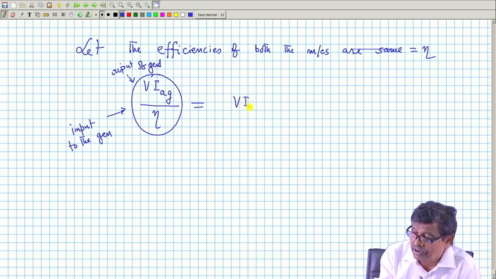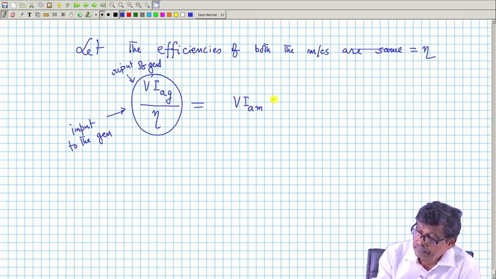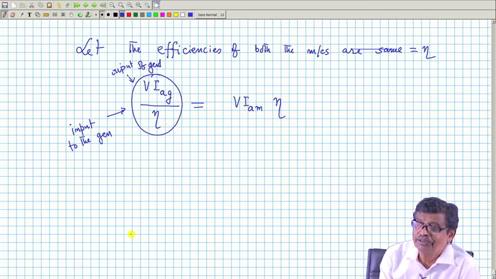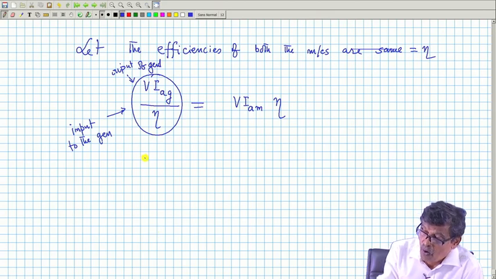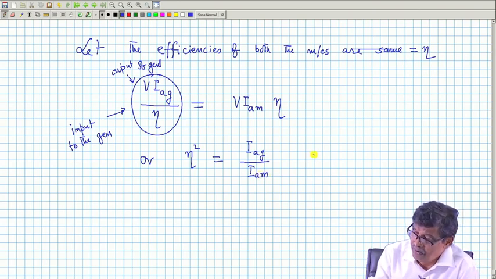Input to the armature is V into IM, that into efficiency. I mean roughly it should be the same, or I will say that eta square is equal to IAG by IM, or the efficiency of each machine very quickly, if you want.